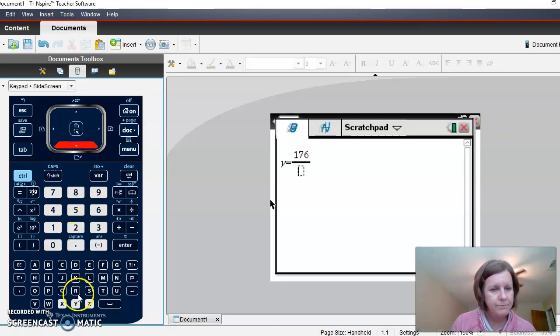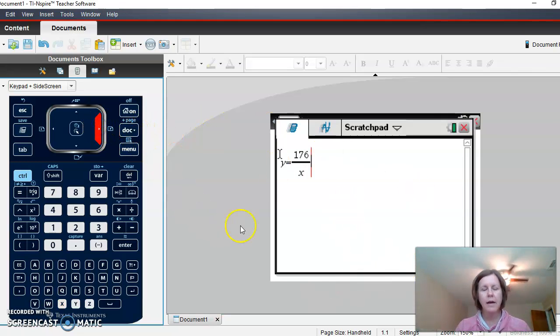I can think of my number as an equation because we know that 176 divided by a number will give us the corresponding factor. Like we know x times y gives me 176.